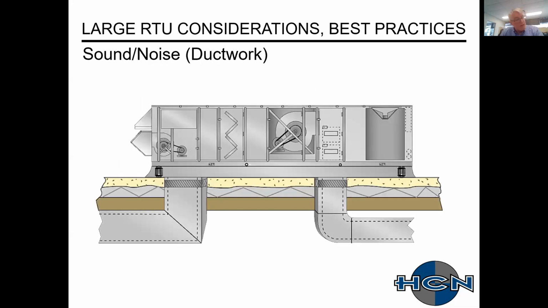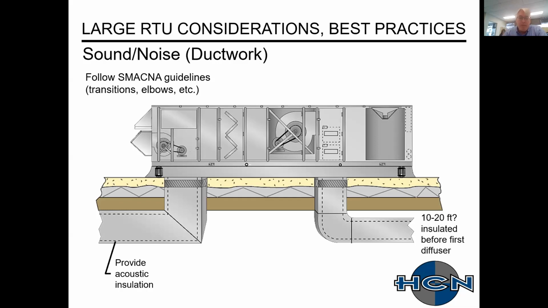From a sound perspective with large rooftop units, first I'm going to look at ductwork. When you are designing the ductwork, especially around the supply connections to each of the units, follow SMACNA guidelines for transitions, for your elbows, the throat of your elbows, your turning radiuses, et cetera. Some other things to consider is providing acoustic insulation on the supply and return.